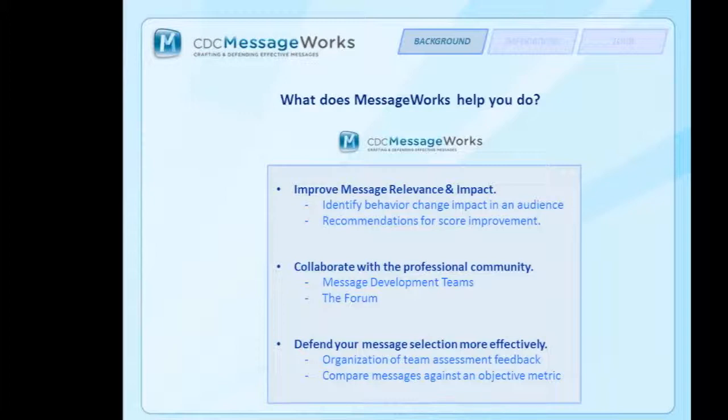Collaborate. This is one of the nicest things about this tool. It allows you to not only share, but also showcase. So you share it within your team. You can share it in a larger community, in a forum, if you so choose. And that, of course, allows you to leverage both ways. You can provide your expertise to other people in the same area, if you're all working on HIV/AIDS, or you're all working on reducing blood pressure.